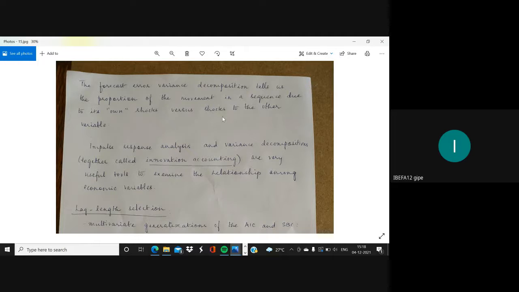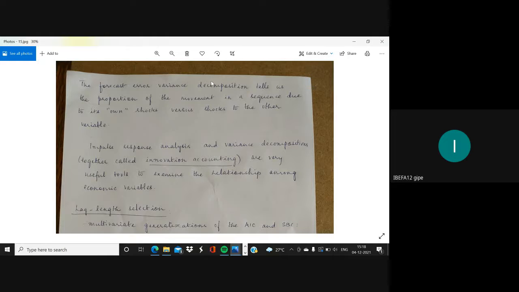Now the reason for this is, if you look at the structure of our VAR model itself, the way we've constructed it is in that fashion, that most of the forecast error variance is likely to be explained only by lagged values of YT and ZT rather than the contemporaneous values of YT and ZT. So because of this reason, you'll find that most of the forecast error variance is explained by shocks to its own variable, compared to shocks to the other variable.